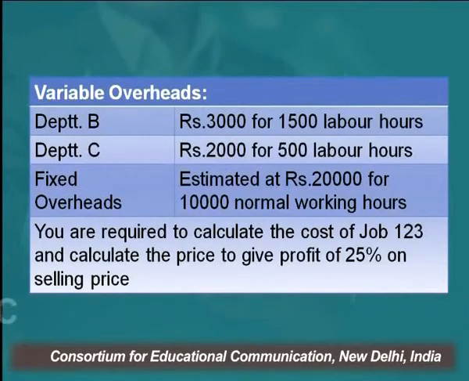Similarly, in Department B, the overhead expenses are rupees 3,000 and the labor hours are 1,500. So the variable overhead rate is rupees 2 per labor hour. In Department C, it is 2,000 for 500 labor hours.